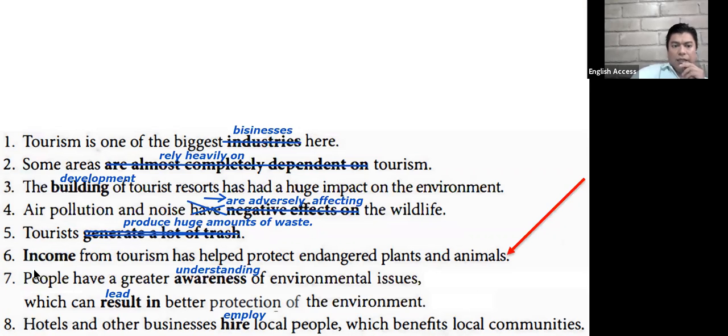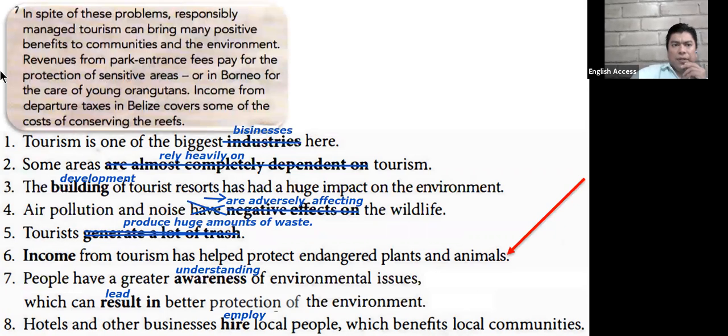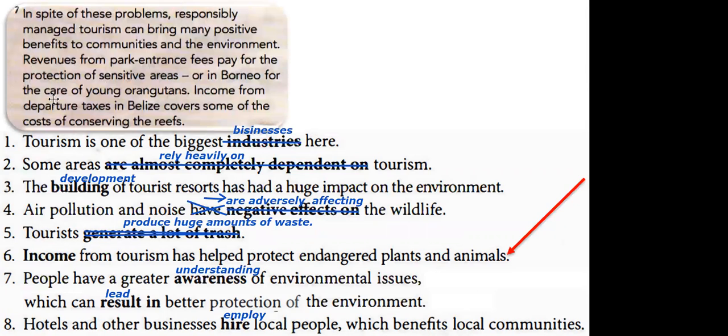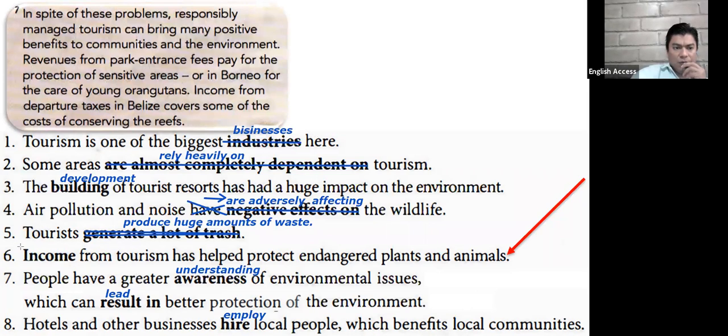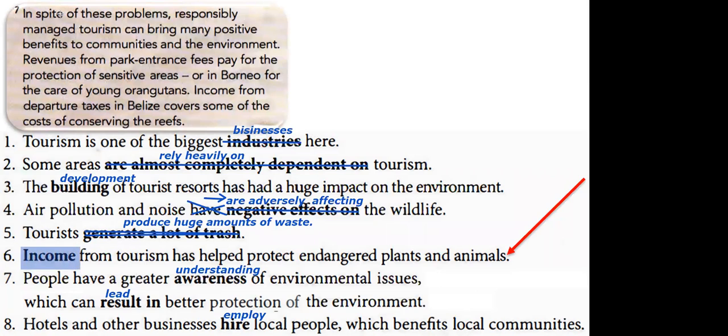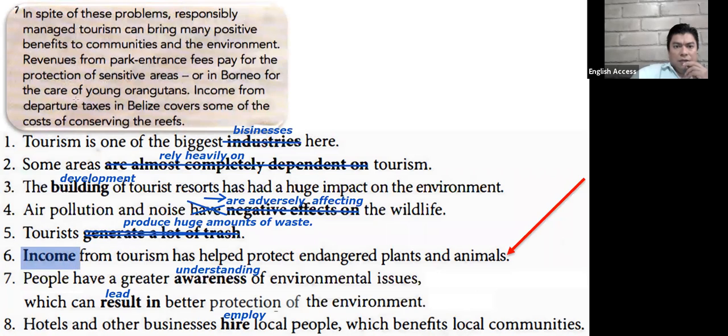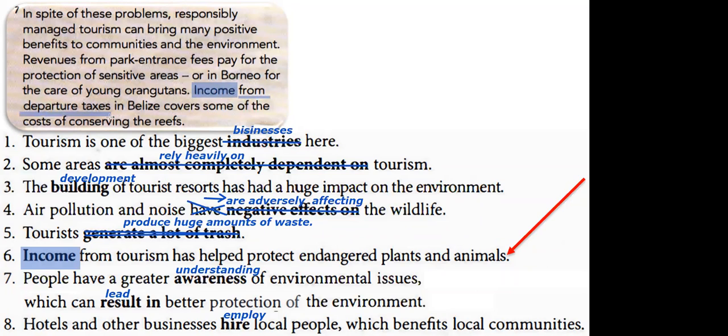And that will be number 6. Income from tourism has helped protect endangered plants and animals. That is in paragraph 7. Paragraph 7. And where is the word income? The last part. Income. Income from departure taxes. So what would that be? Income from departure taxes. What is that? When we saw that in the last class.